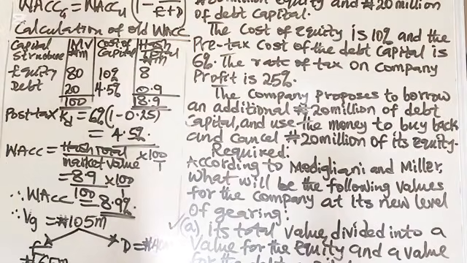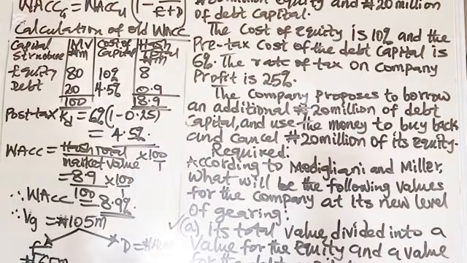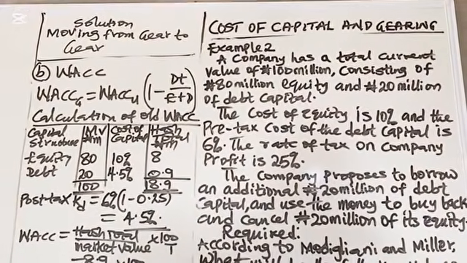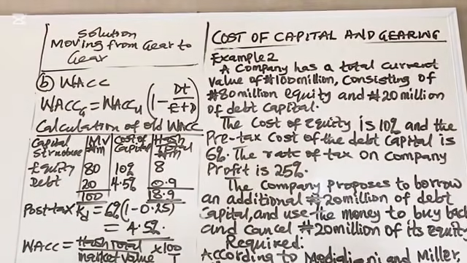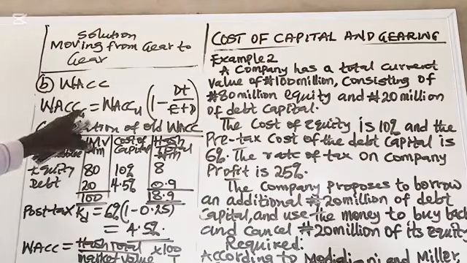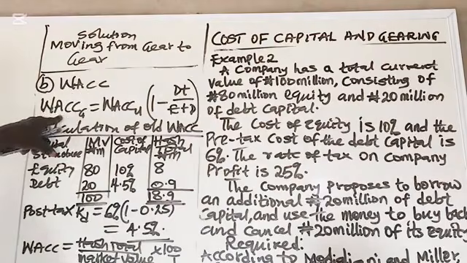Now that you have gotten the old WACC, you'll be able to apply M&M Proposition 2. You ungear the WACC you calculated. Based on M&M Proposition 2, the company was geared. That means the 8.9% we got is the WACC of a geared company.